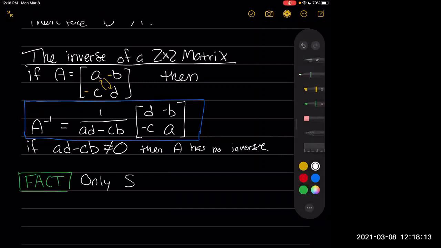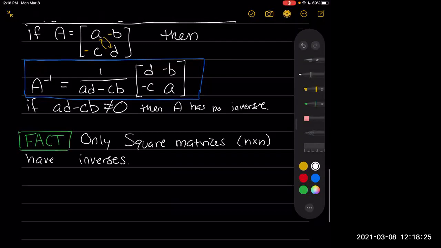Only square matrices, which are n by n, have inverses. Just think about it. If we had an m by n matrix A, and we multiplied it by A inverse, this one would have to be an n by m.